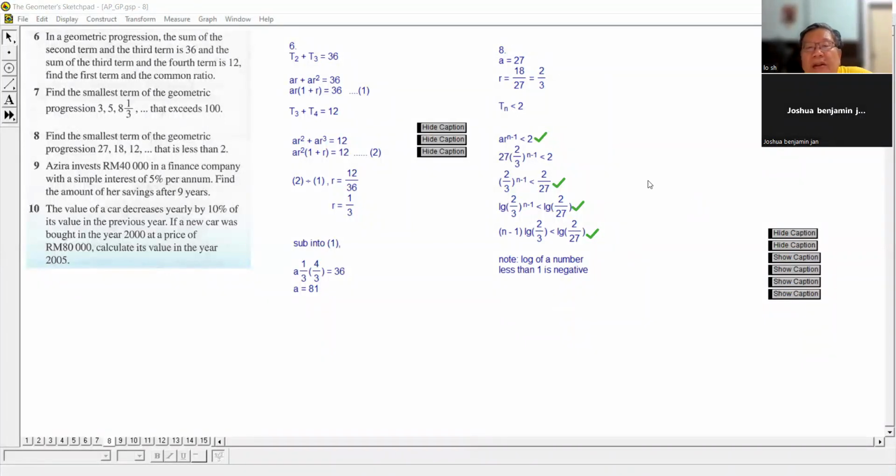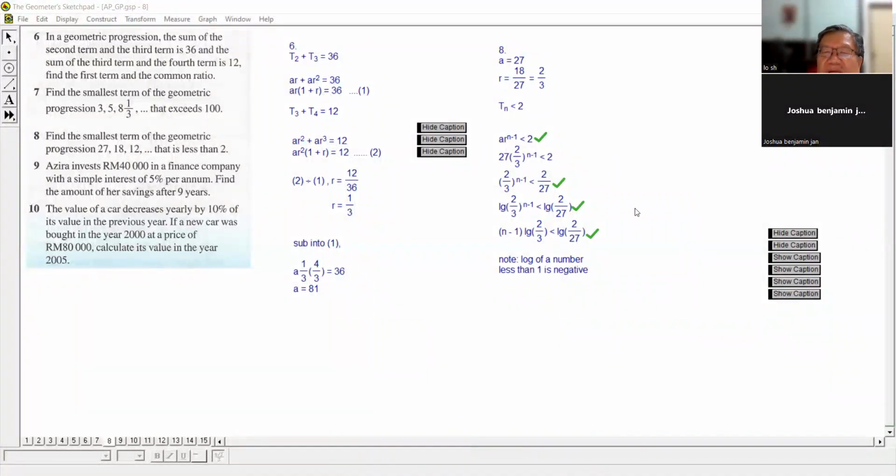Okay, right. Then you notice that this log 2/3 is actually a number. You calculate from the calculator and tell me what number is this? Log 2/3. Use your calculator. Calculate. How much is it? Negative 0.176. Okay, it is a negative number. Then this one?